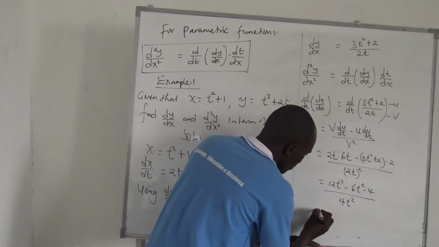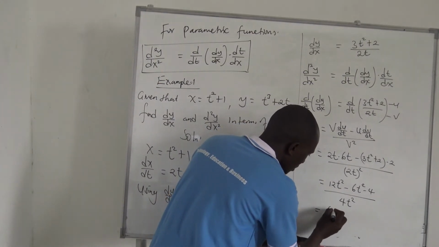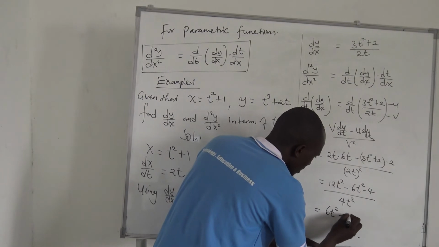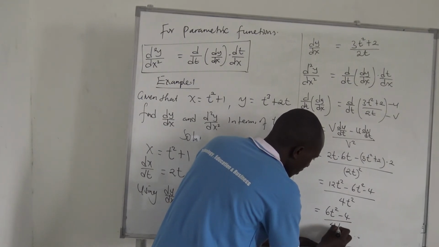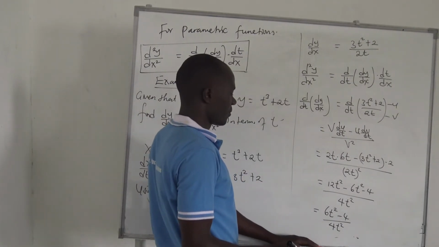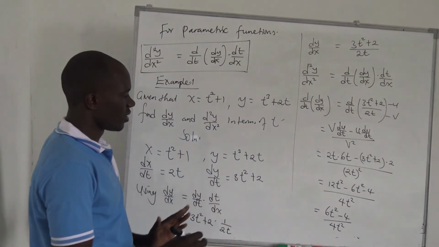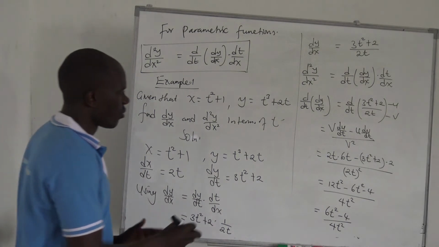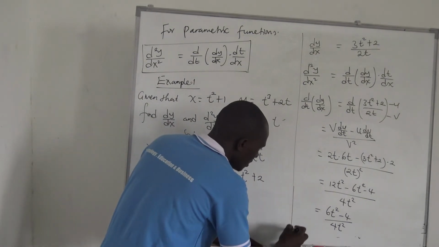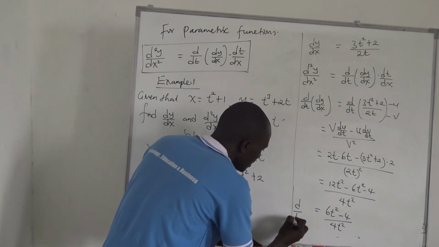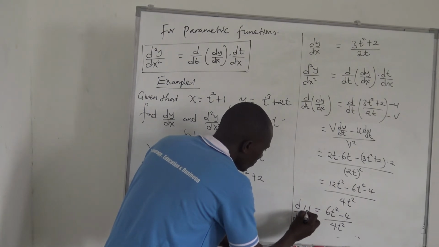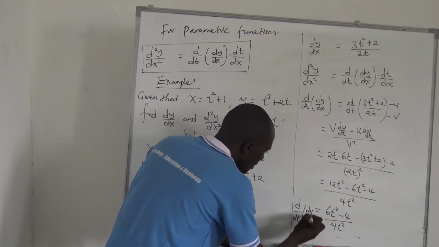This minus this, we're getting 6t squared minus 4 all over 4t squared. This is d dt of dy dx.